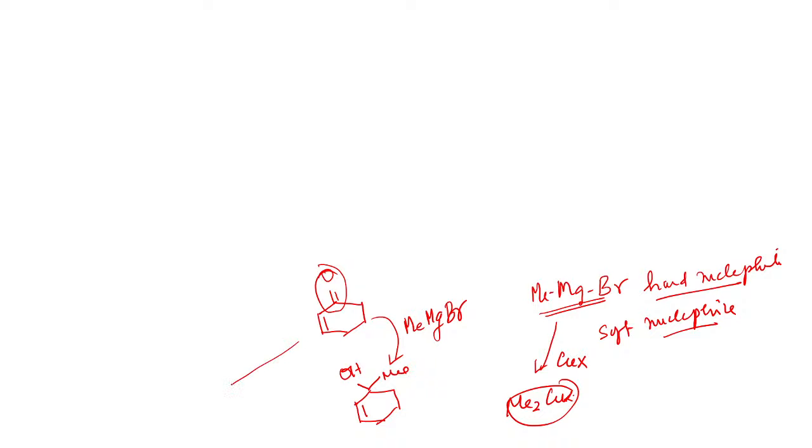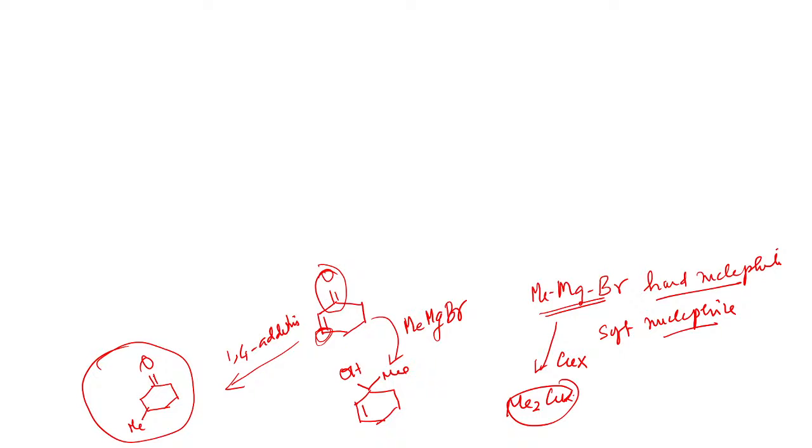When you add this reagent, it can undergo 1,4 addition reaction. This is because this is more electrophilic compared to this. This is a soft electrophile. Therefore, the soft nucleophile undergoes addition here, and you will be able to get the 1,4 addition product. This is a good example for the hard and soft nucleophile.